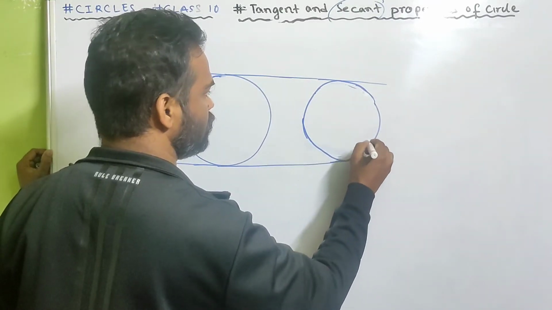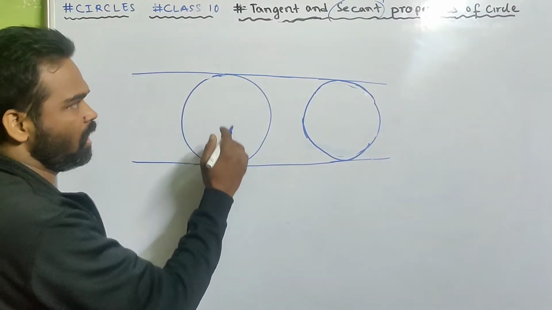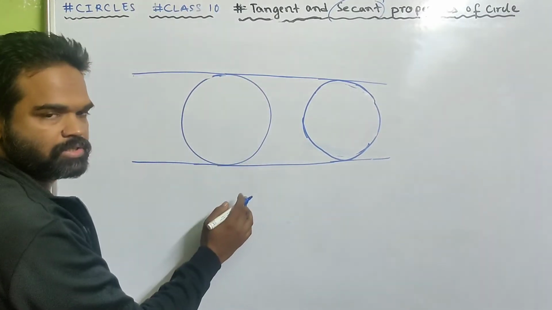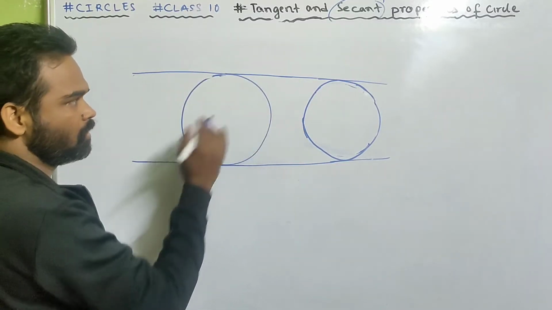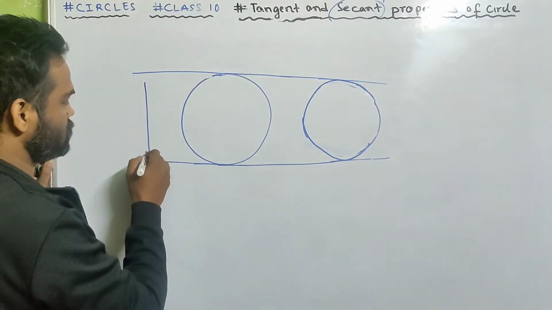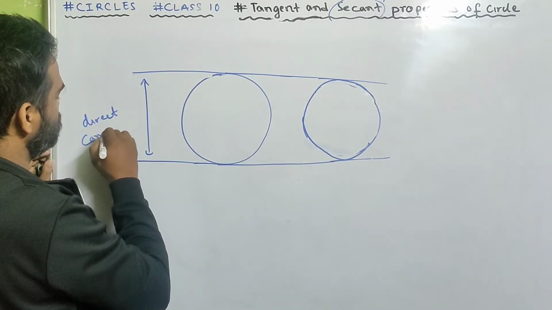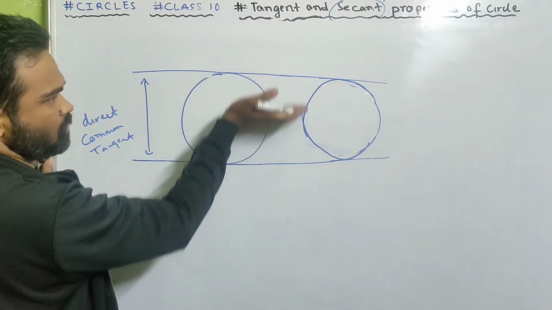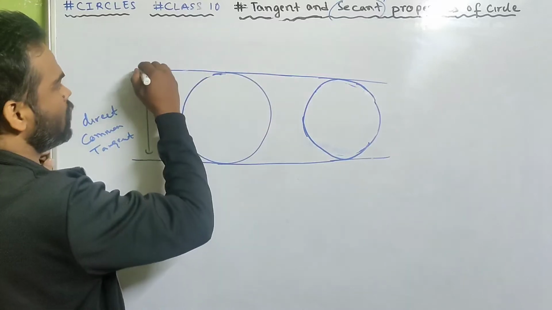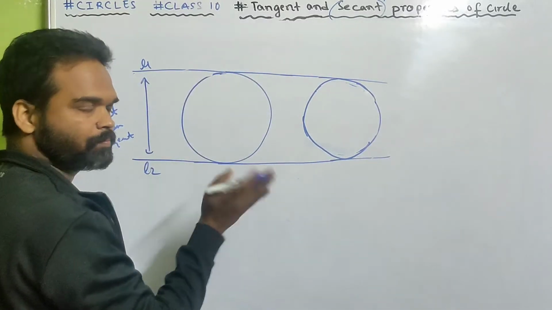So I can have two common tangents, and both the common tangents are on the same side of the circles. Okay? So these two are known as direct common tangents. They lie on the same side of the two circles. See, this tangent L1 and L2. L1 lies on the top, L2 lies on the bottom.